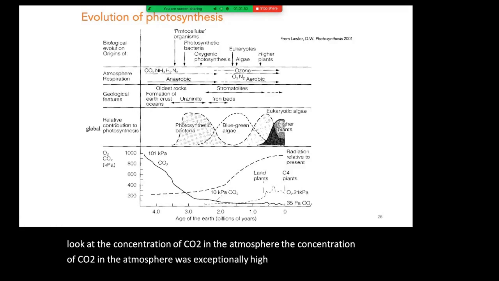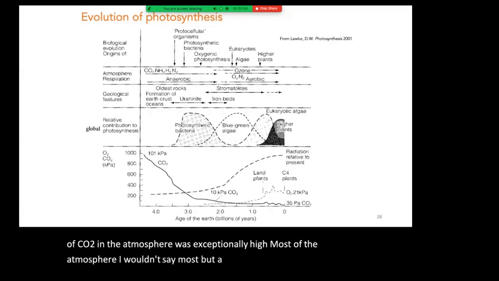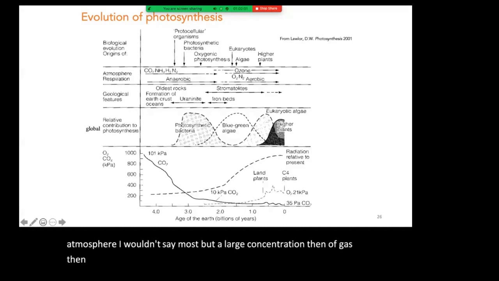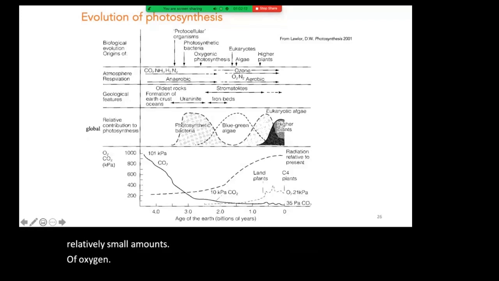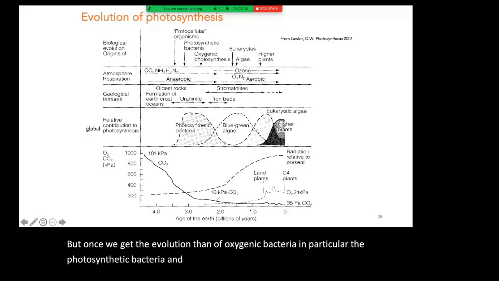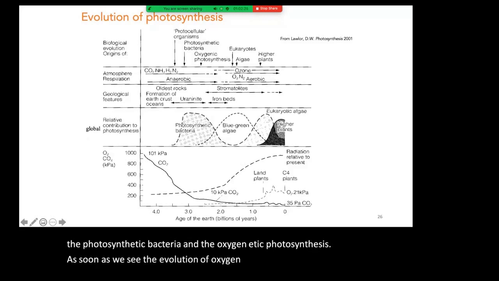Before the evolution of photosynthetic bacteria, there was a lot of CO2 in the atmosphere and relatively small amounts of oxygen. But as soon as we see the evolution of oxygenic photosynthesis, the concentrations of oxygen in the atmosphere start to rise.